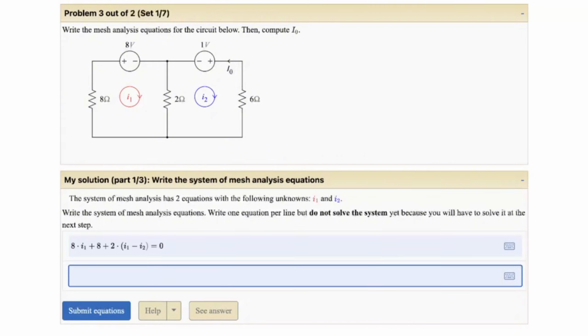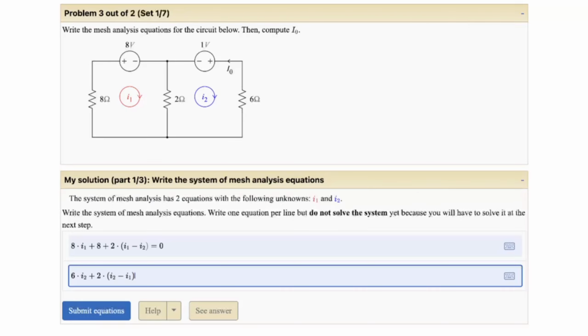Let's move on to analyzing the I2 mesh. Let's start with the 6 ohm resistor on the right. Using Ohm's law, we know the voltage across there is going to be 6 times I2. Now let's look at the 2 ohm resistor. Resistance times current again, it's going to be 2 times the current, which is going to be I2 minus I1, because we're in the perspective of I2 here.